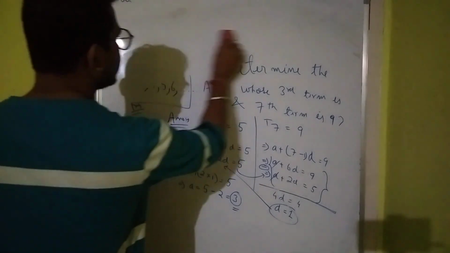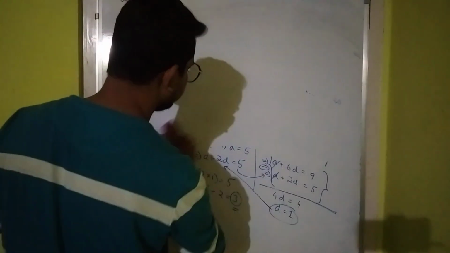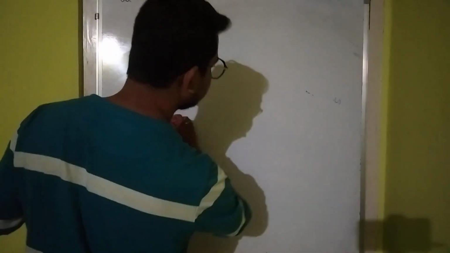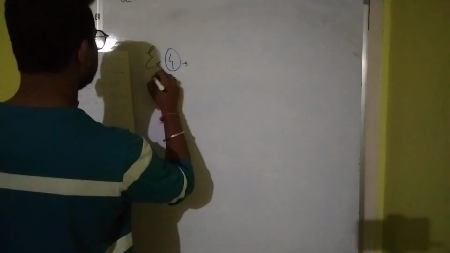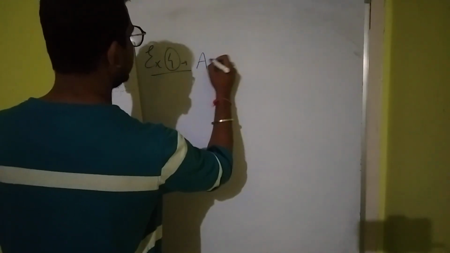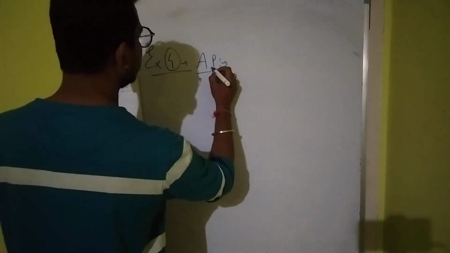चलो फिर नेक्स्ट क्वेश्चन कर लेते हैं। That is example 4. So एक AP दिया हुआ है.